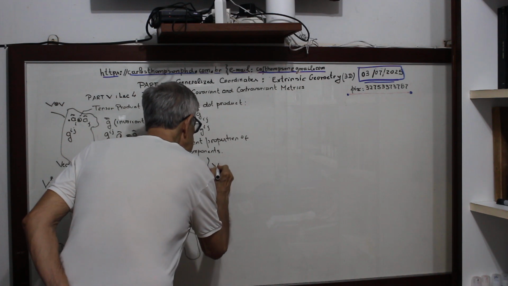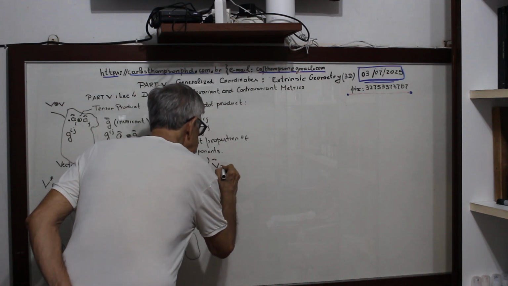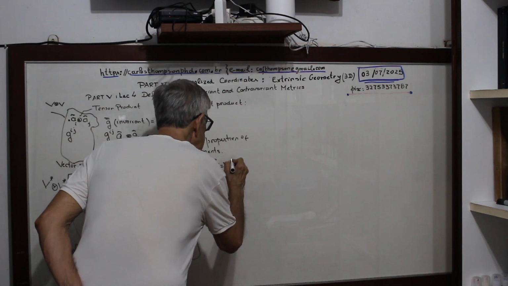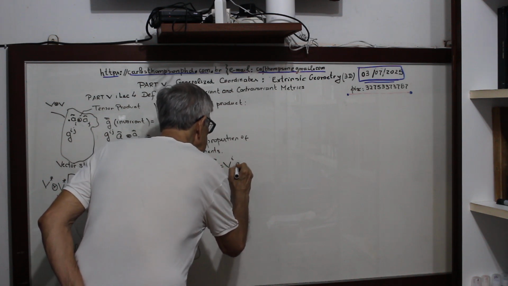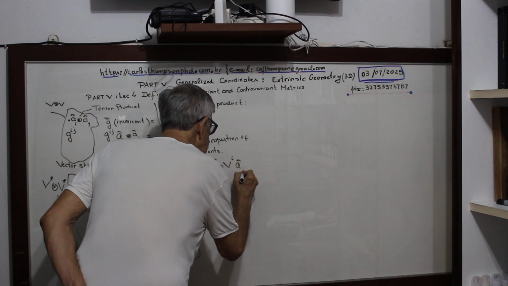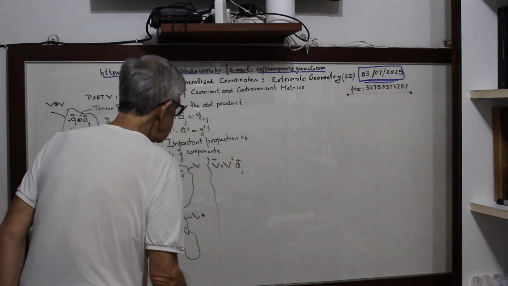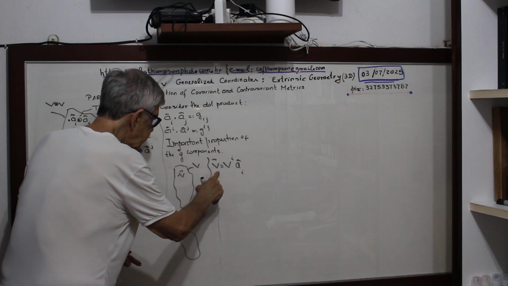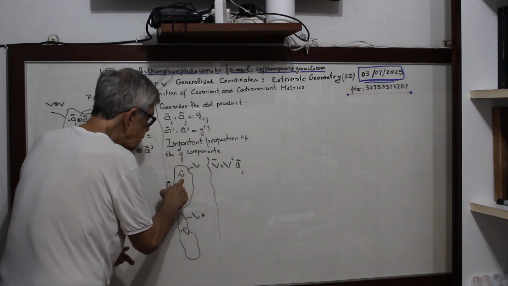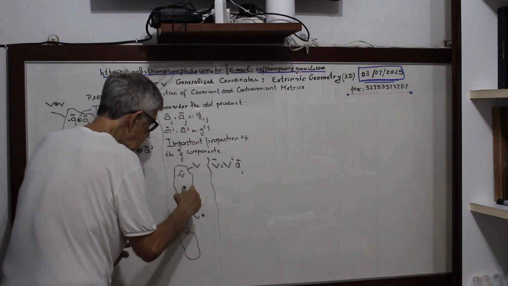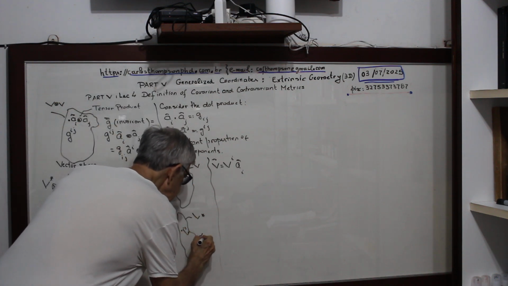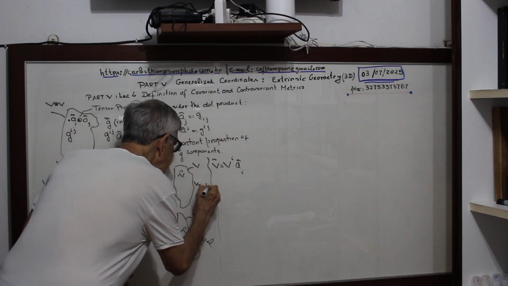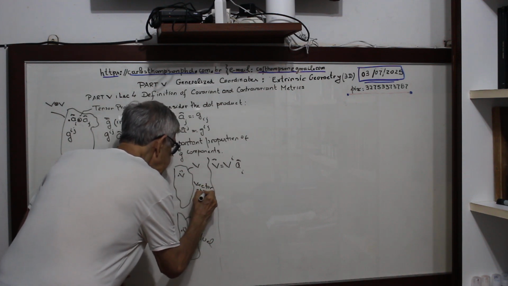So I can write the vector v, this is equal to v^i a_i. You see? The vector v. Now in this vector space over here, this is dual, don't forget that. This is a vector space.